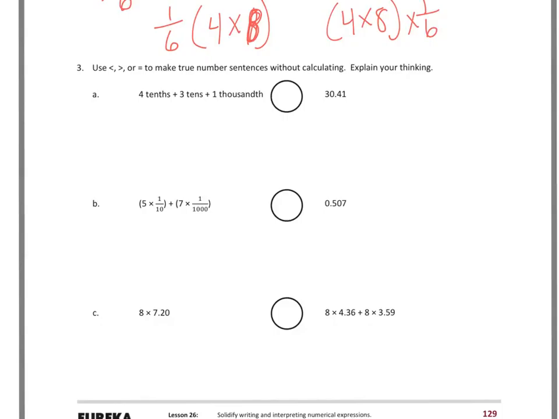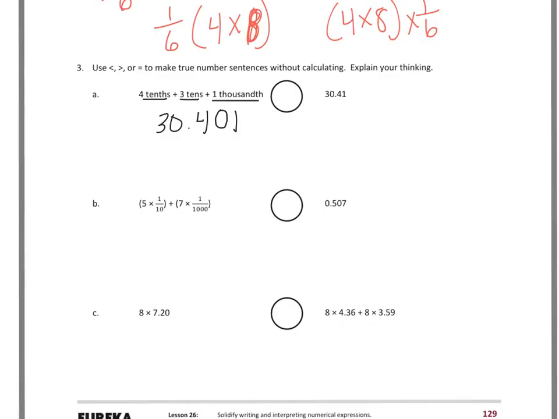So what I'm going to do is I'm going to kind of talk you through this. I have 4/10, 3/10, 1/1000. So 3/10 is equal to 30, 4/10, and then 1/1000. And remember, there's hundredths in there as well.